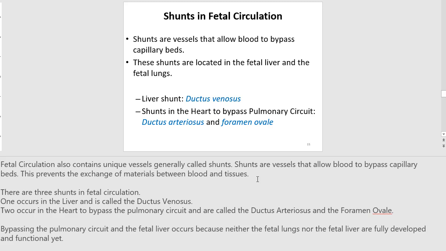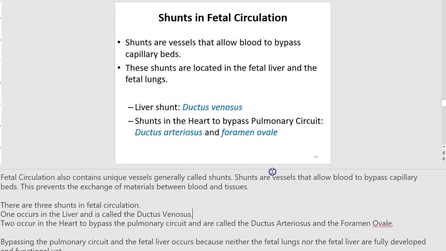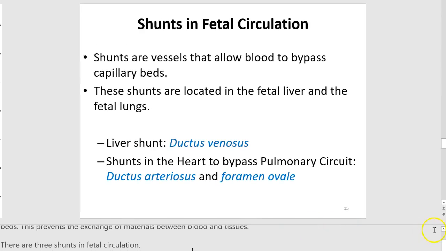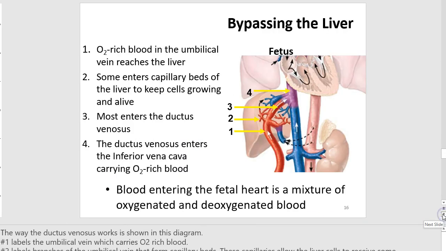The liver and the lungs will receive some oxygenated blood so that they can grow, develop, perform mitosis. But the lungs aren't going to oxygenate blood, and the liver isn't going to be making plasma proteins, clotting factors, not yet anyway. So it will receive more blood after birth.